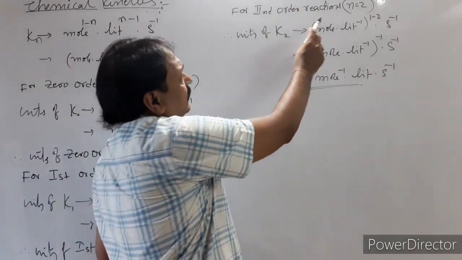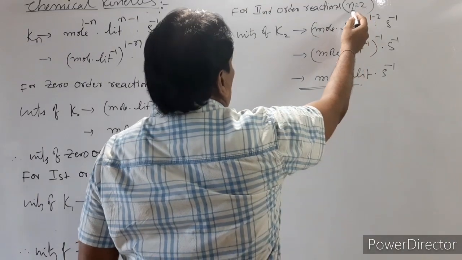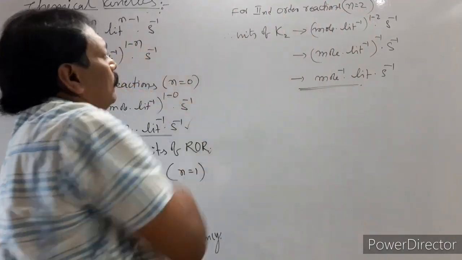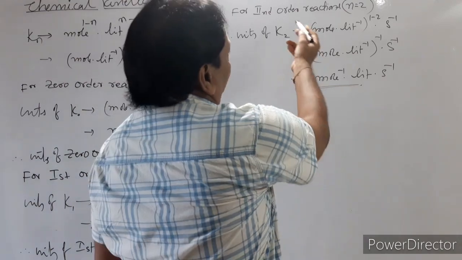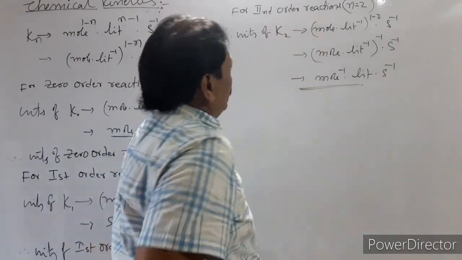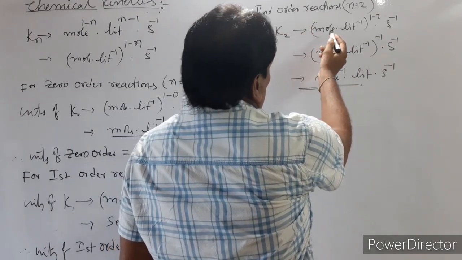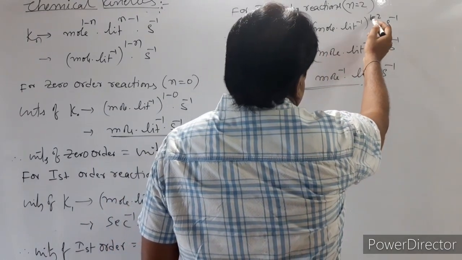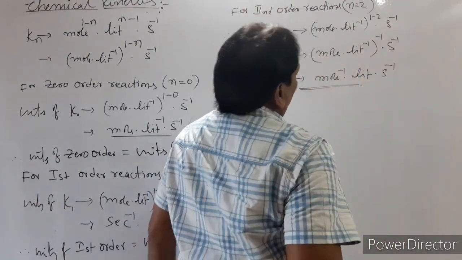For second order reactions, n equal to 2, so you substitute n equal to 2 in the above formula. We get units of rate constant of second order reactions. Therefore, units of second order rate constant K2 is moles liter inverse power 1 minus 2. We get minus 1.